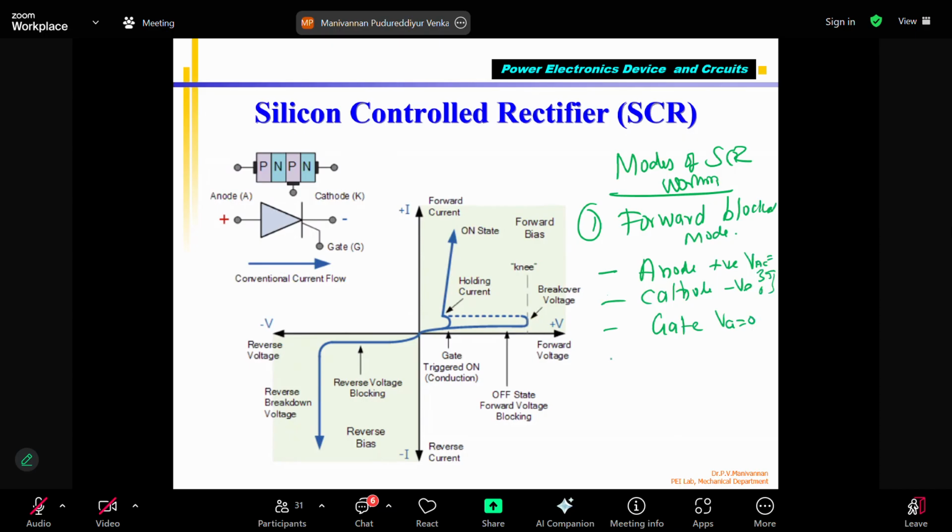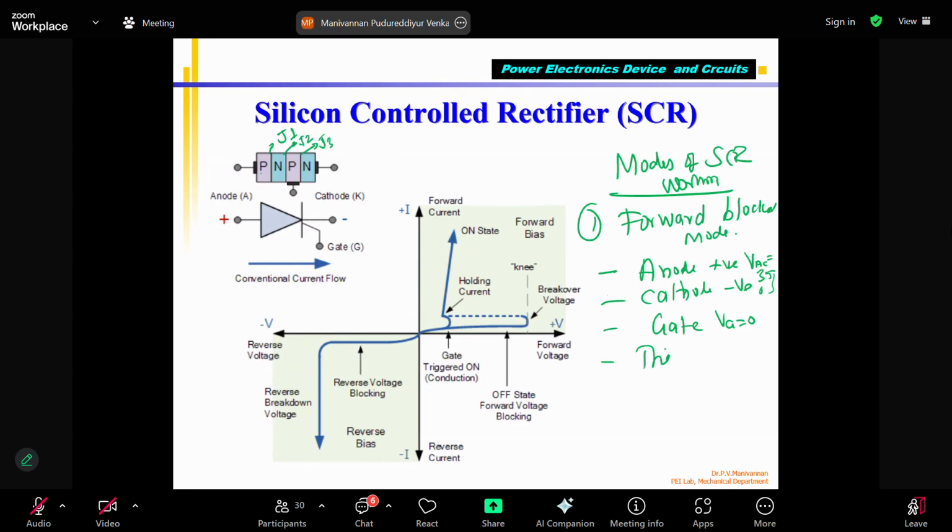In this case, what happens at the junctions? There are 3 junctions. Correct? Let me mark them. This I call J1. The second junction, between the P and N, I call J2. Then this we call the J3 junction.